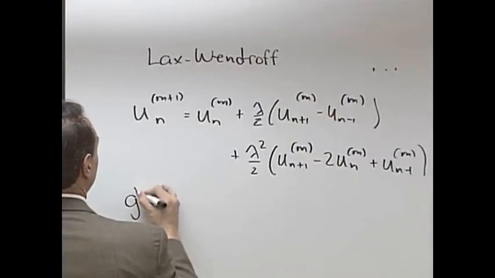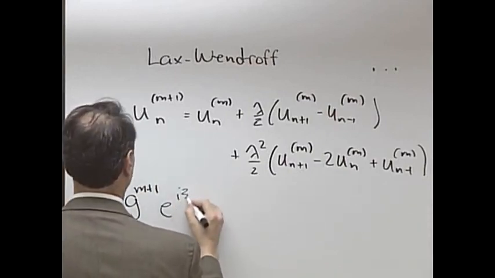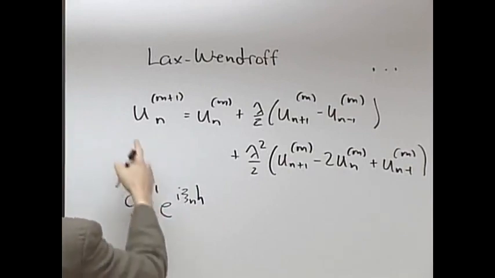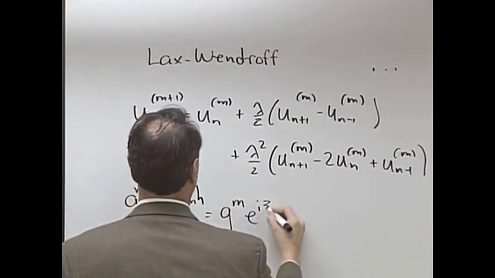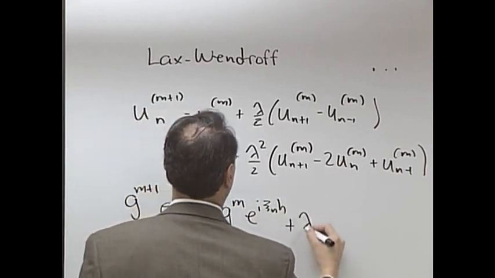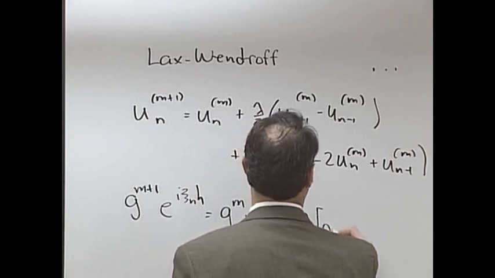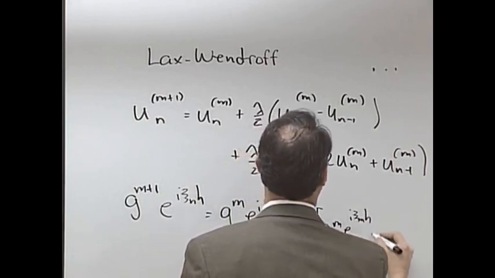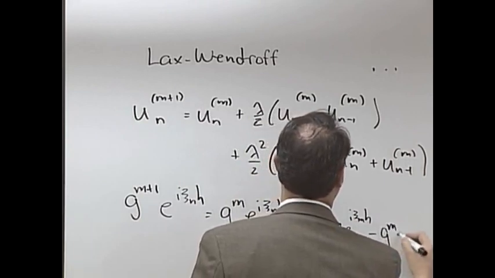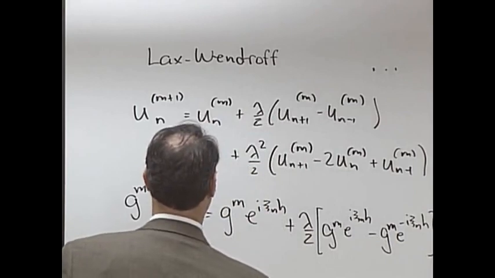I have my g of m plus 1 over here times this e to the I c of n h. Left-hand side again, g of m. Same kind of terms here, right? You get this g of m, e to the I c of n h, minus g of m, e to the minus I, plus.